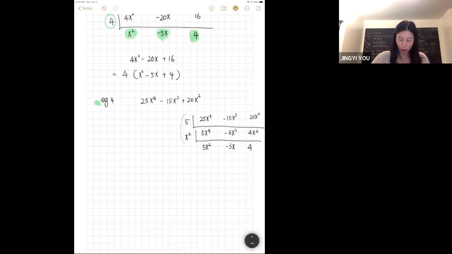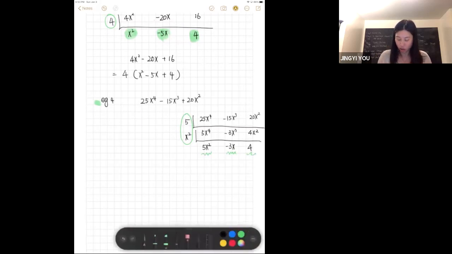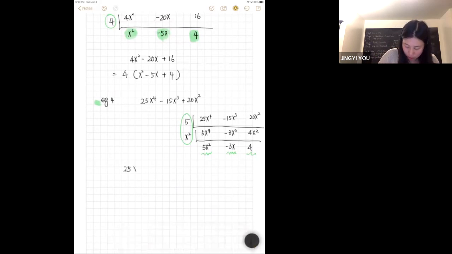For this part, when they multiply together, that would be their common factor. This is what remains after I pull out their common factor. So our solution should be what? 25x to the 4th minus 15x cubed plus 20x squared is equal to 5 times x squared times what remains: 5x squared minus 3x plus 4. So here's our solution.